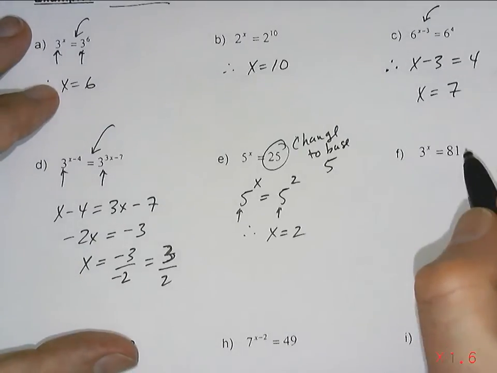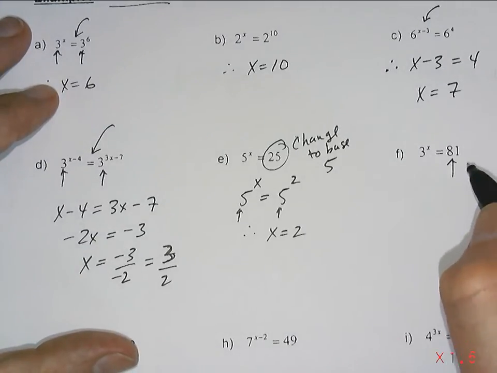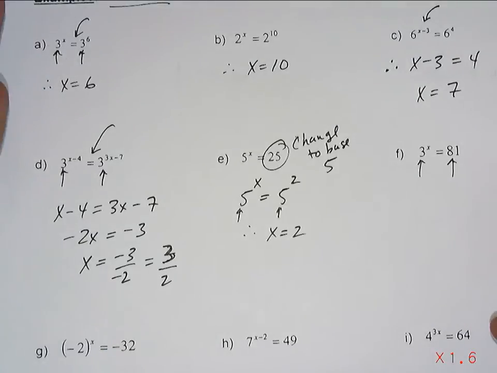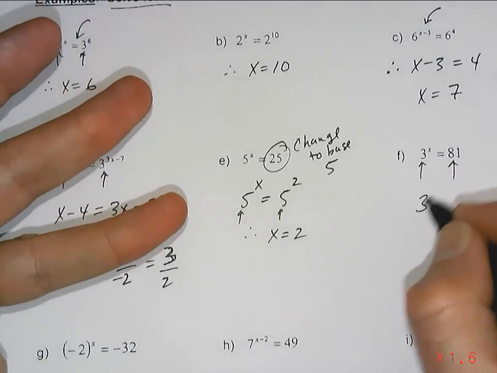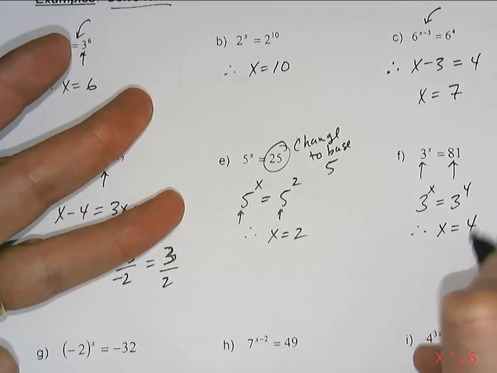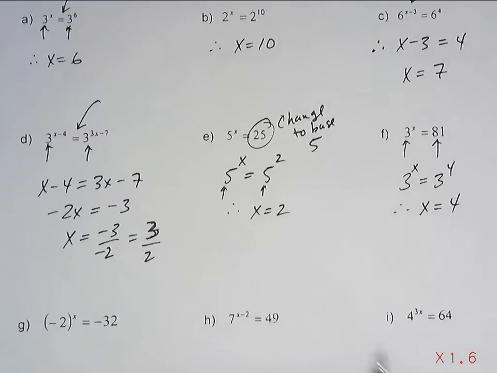I'm going to use the same idea here. So we want to change this to base 3. So 81 needs to be changed to base 3. 3 times 3 is 9, times 3 is 27, times 3 is 81. So it's 3 to the x equals 3 to the 4. Therefore, x equals 4. Nothing to it.